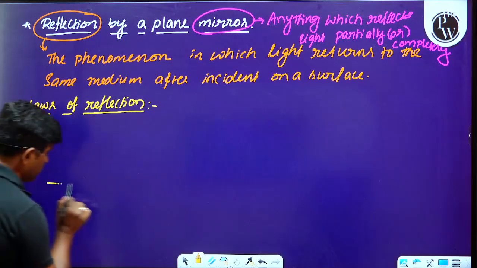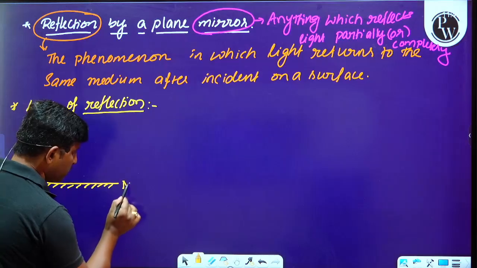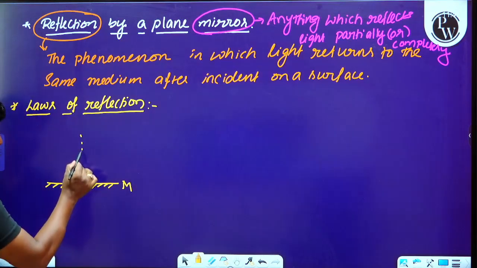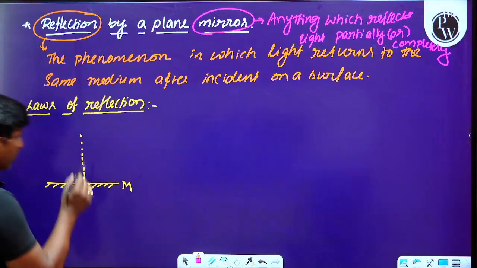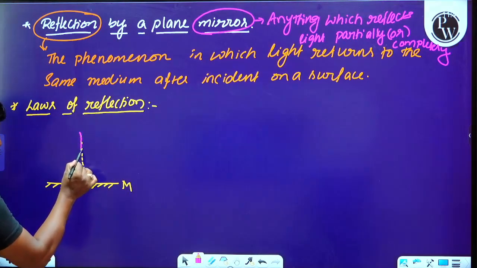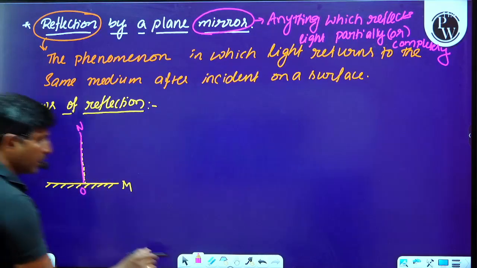You are all familiar. Let us consider a mirror and represent it as capital M. If I draw a line perpendicular to this mirror, we call this the normal.